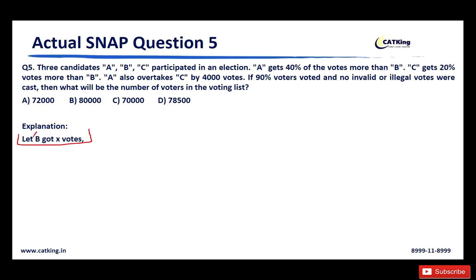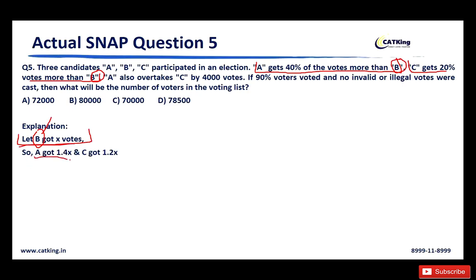So let me assume that B got X votes. Now why have I selected B? Because in the first statement, that is A gets 40% of the votes more than B and C gets 20% votes more than B. So in both the statements, B is a common factor. So it makes sense for me to let the candidate B as X. So let us assume B has got X number of votes.